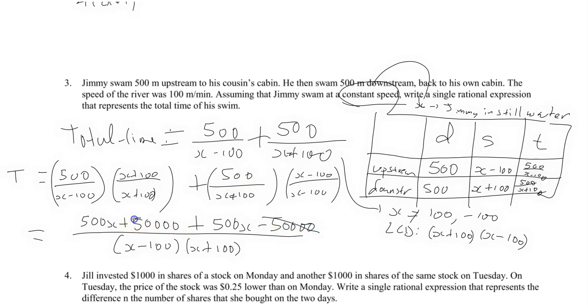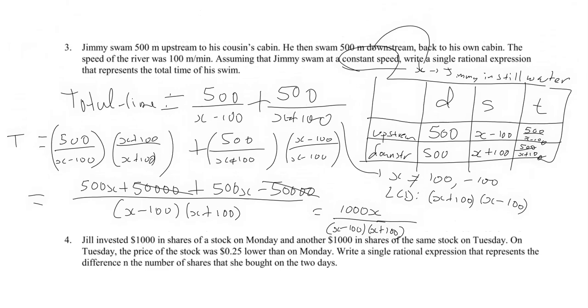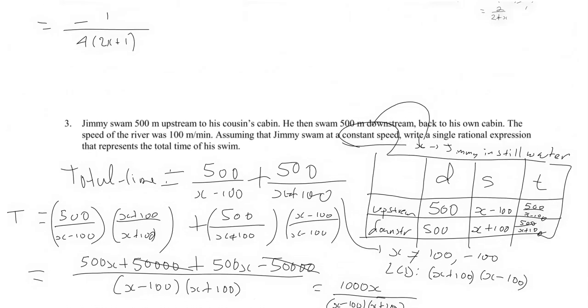So this and this go away, and we're left with 1000x over x minus 10, x plus 10. So if they told us the total time, we would set it equal to this and we would solve, right? But solving is another lesson. Okay, so this is just getting a single rational expression, and we did.